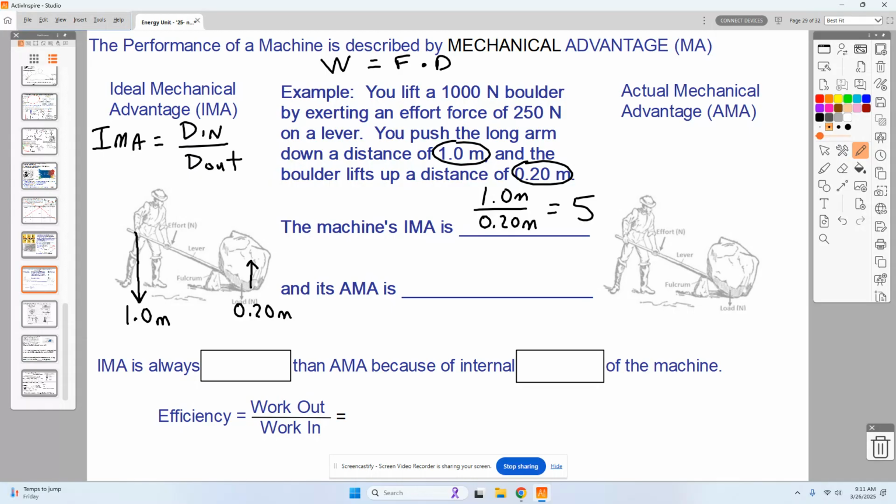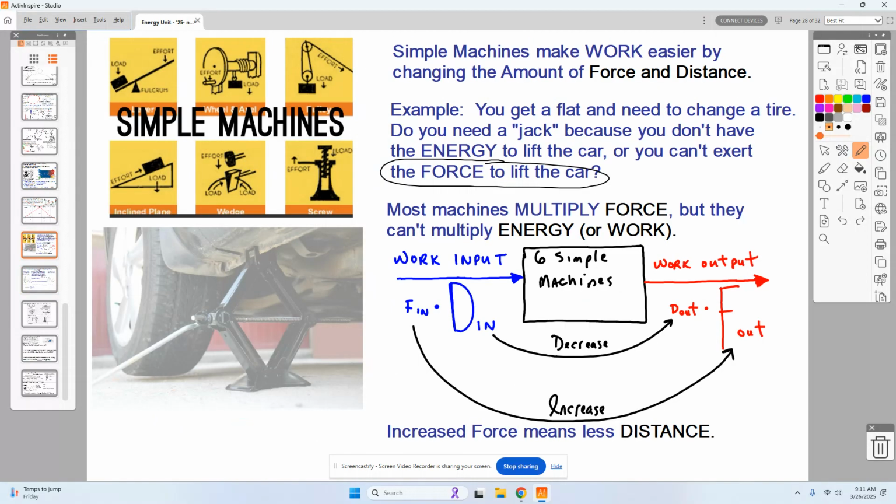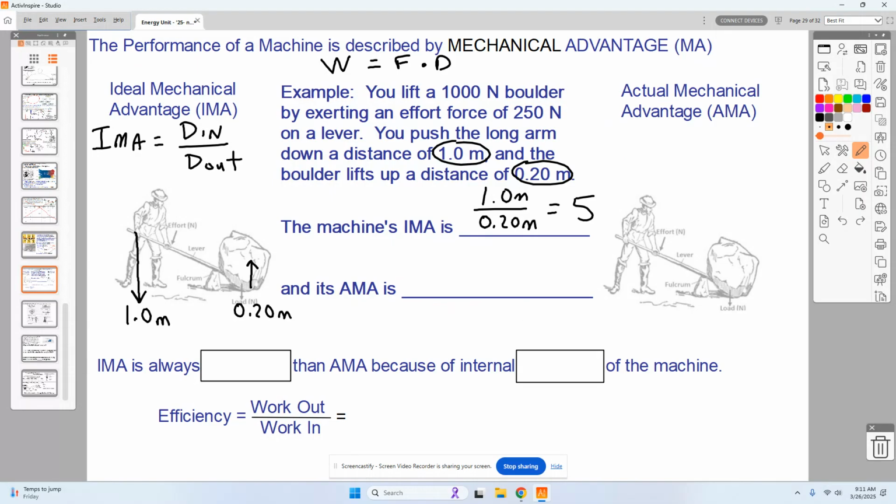Now, the other side of that equation: I noticed that the force became bigger on the other side. The AMA has to do with the ratio of forces. So the AMA is a ratio of how big the output force is to the input force. In this case, Seppi is lifting up that boulder by exerting an input force of 250 newtons.